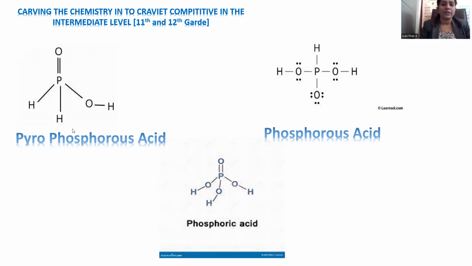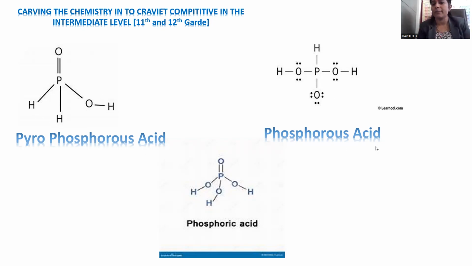Whatever hydrogens are present here are not free. They are strongly bonded. We can't remove them. Rather, the OH bond hydrogens are more polar. We can easily displace them. So in hypophosphorus acid, one hydrogen is free to liberate, so its basicity is designated as 1 only, because we can remove this hydrogen rather than these two.